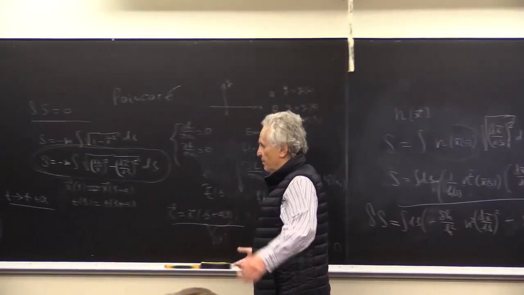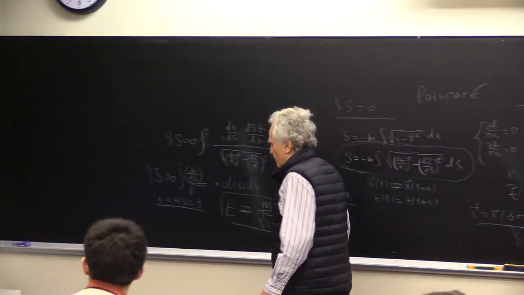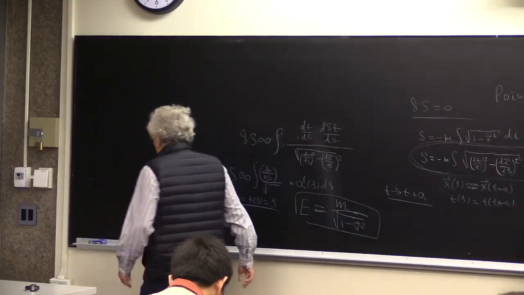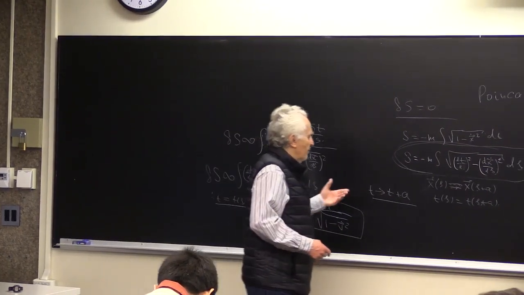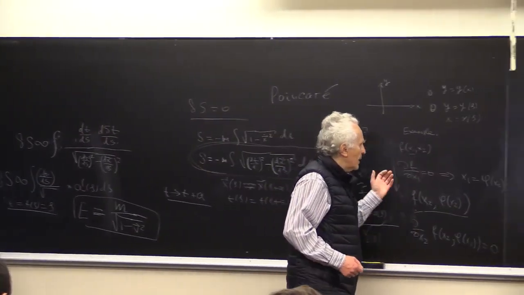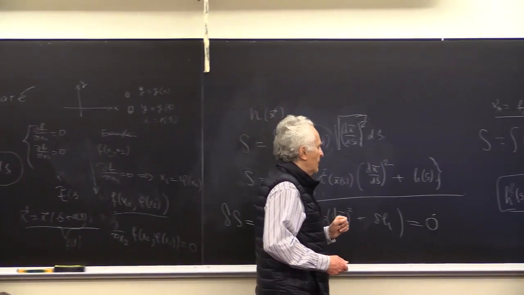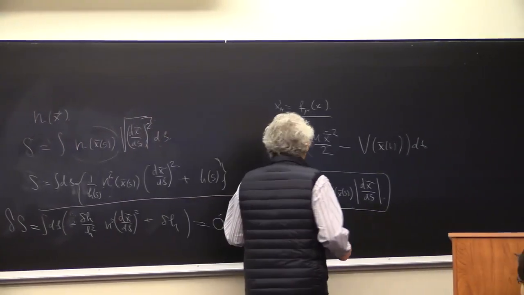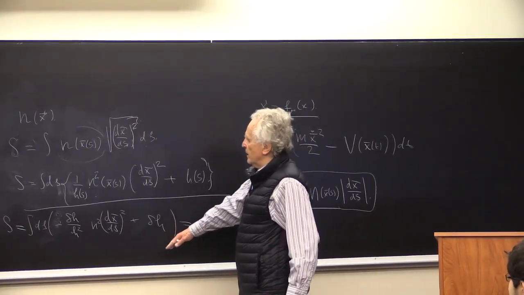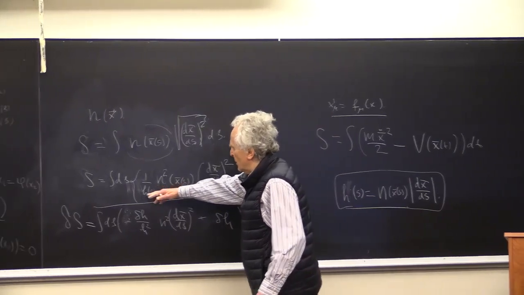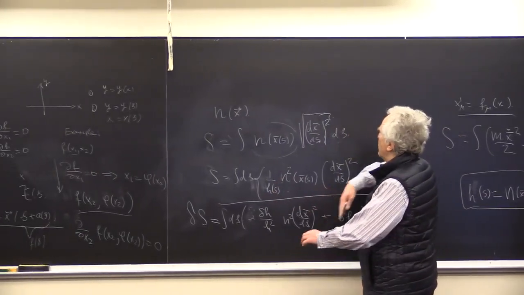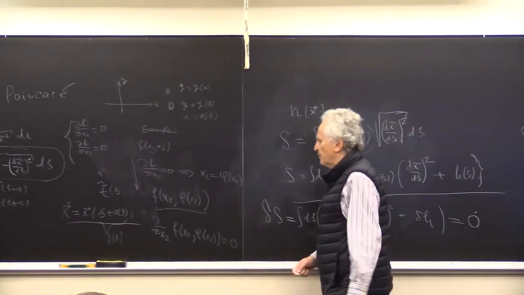But the instruction which we get from this is that if it is convenient, you can easily minimize with respect to something and plug it back into the action. Okay.